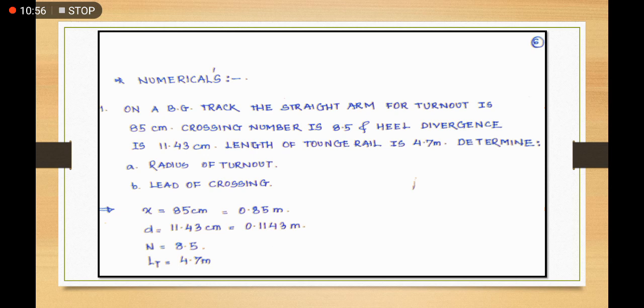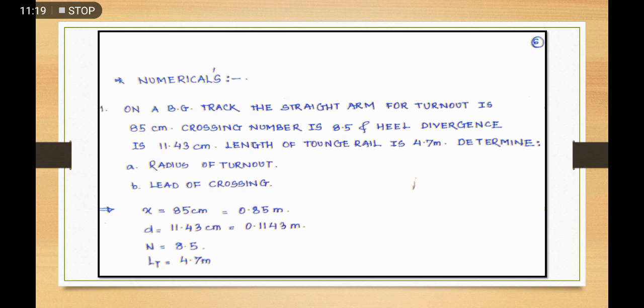In this question, you can see it is a broad gauge track with a straight arm of 85 centimeters. So here the value of x is given, and the number of crossing, capital N, is 8.5, heel divergence 11.43 centimeters and length of tongue rail 4.7 meters.